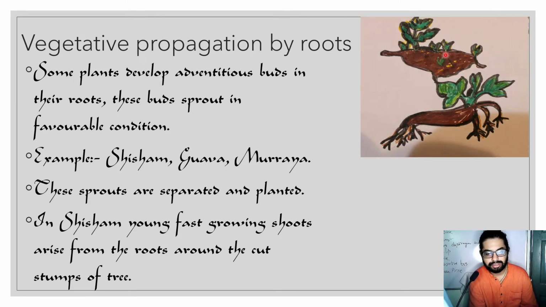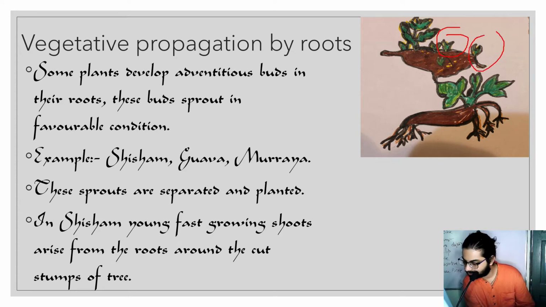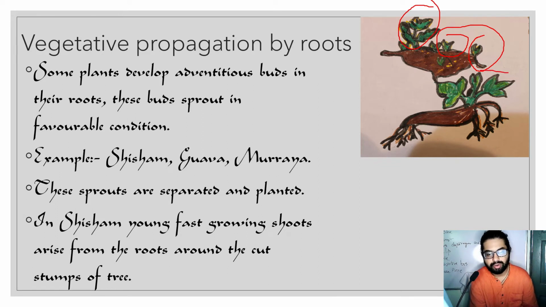This is a sweet potato. Here you find the adventitious buds over here, and this is a young plant, and you see new plants are forming from these adventitious buds. This is the root tuber of sweet potato.